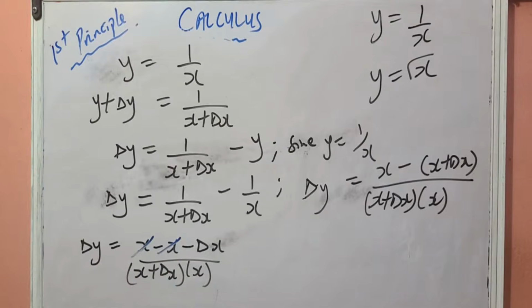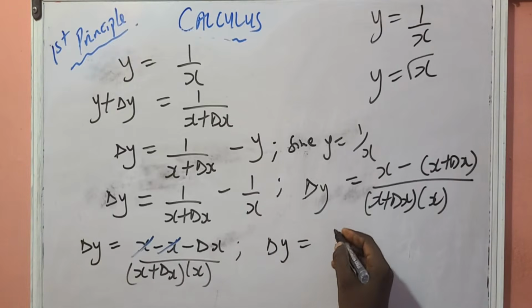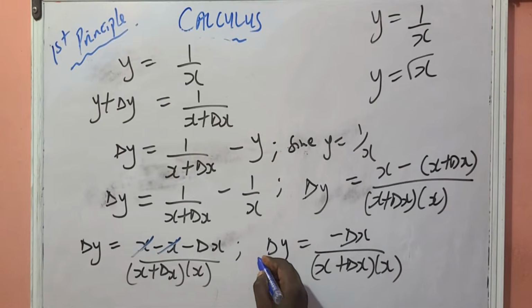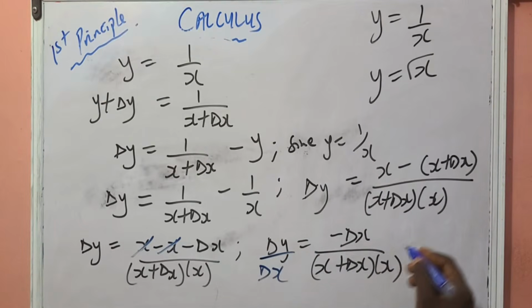So I'm left with change in y being equals to minus change in x over x plus change in x times x. Now, the next step, which is a very important one, is for us to divide through with change in x.